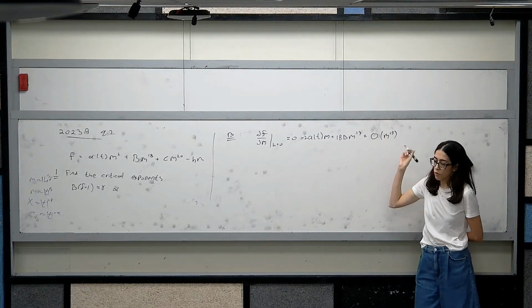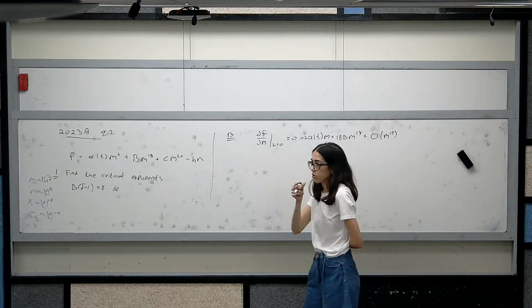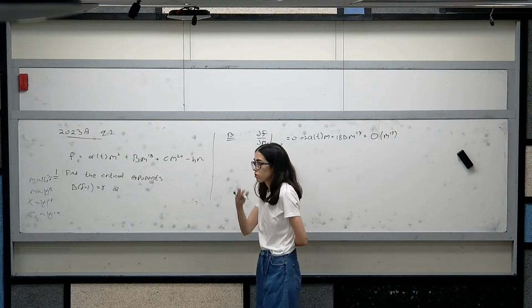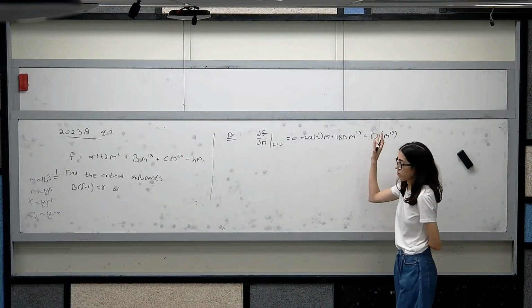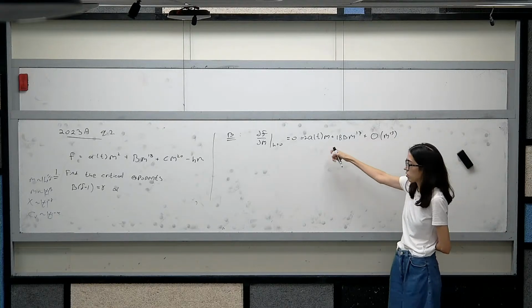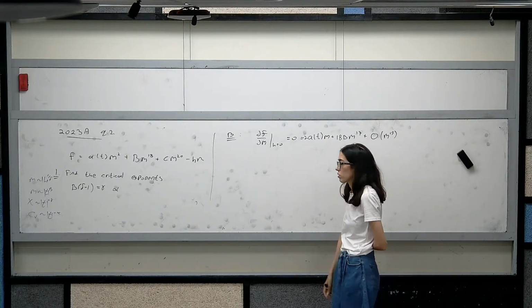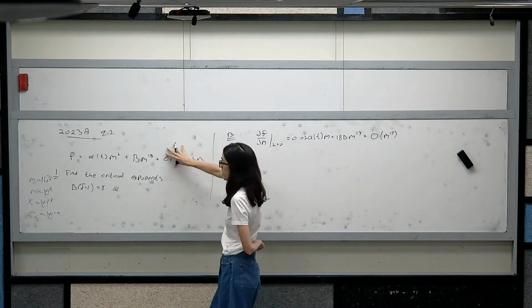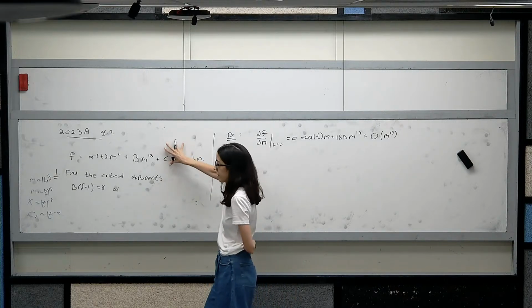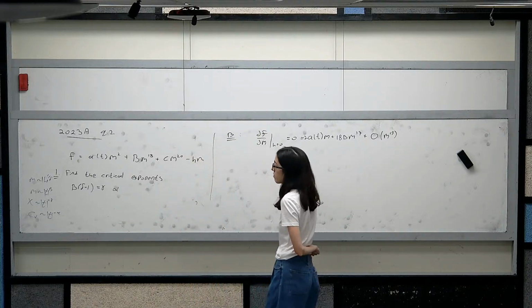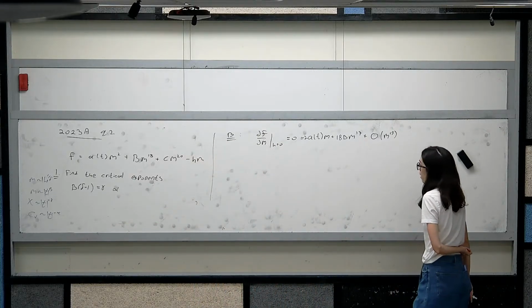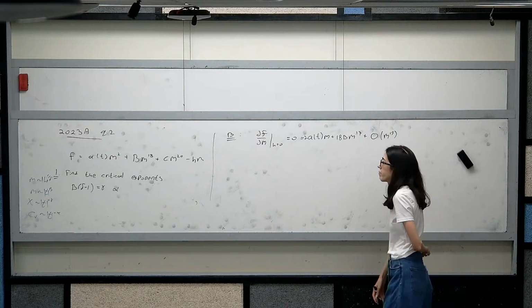This is always going to be negligible because we look near the phase transition point, so m is very small. So we ignore the highest order. We only needed the first two orders to solve it. This one never holds any information related to what happens at the critical point. And h equals 0, so that's it.